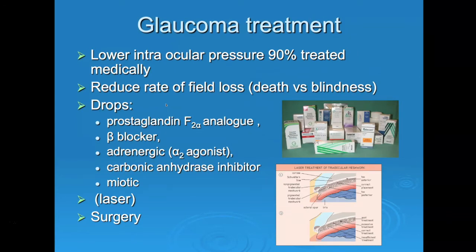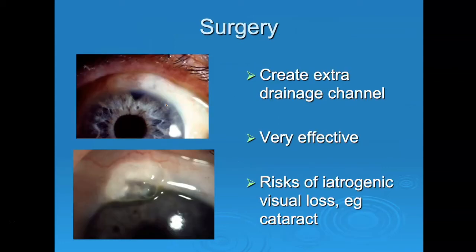Treatment for glaucoma is with lowering the intraocular pressure, both by eye drops and by surgery, which can be by laser or incisional surgery. The surgery aims to create an extra drainage channel, and when performed in good hands is very effective, but there are lots of risks associated with it which need to be managed subsequently.